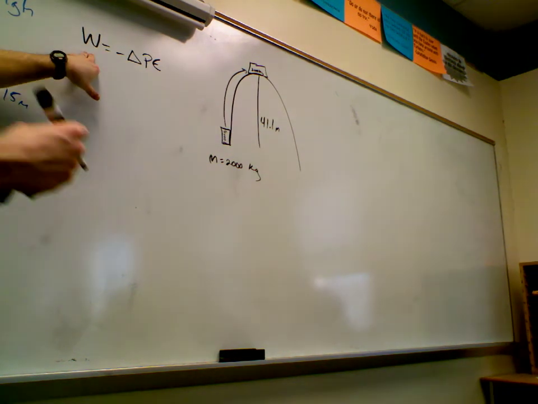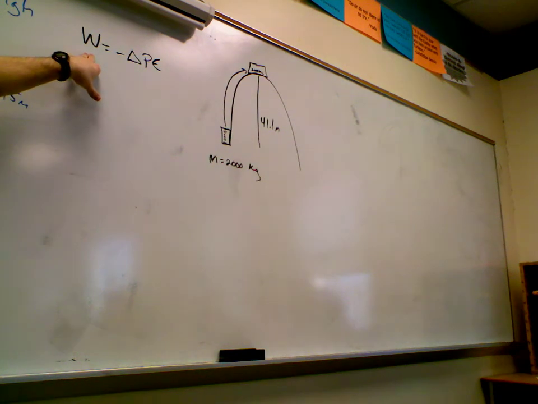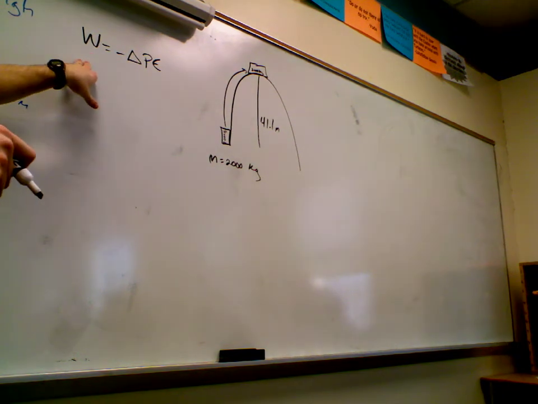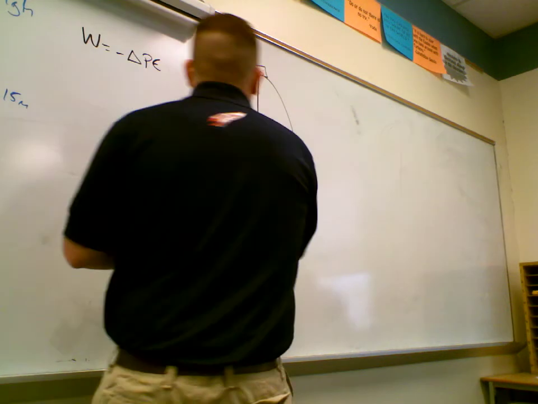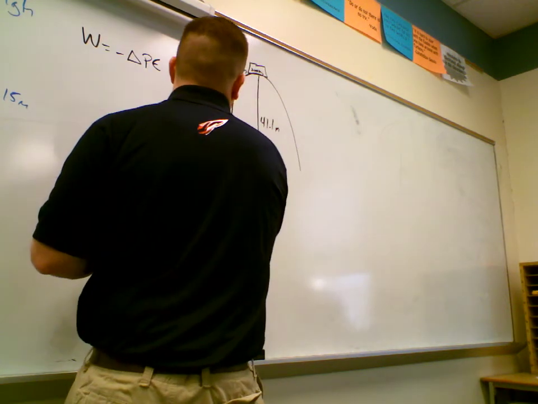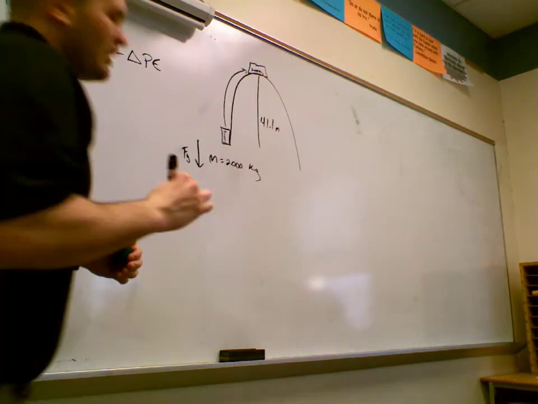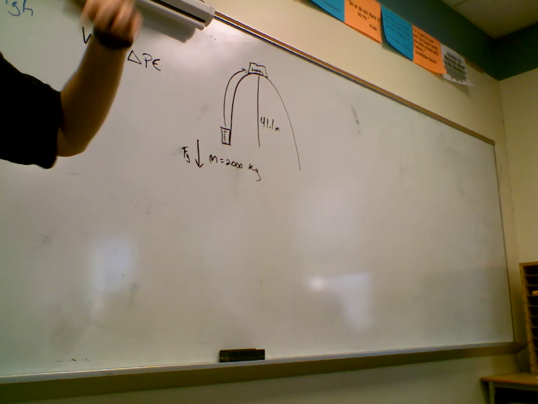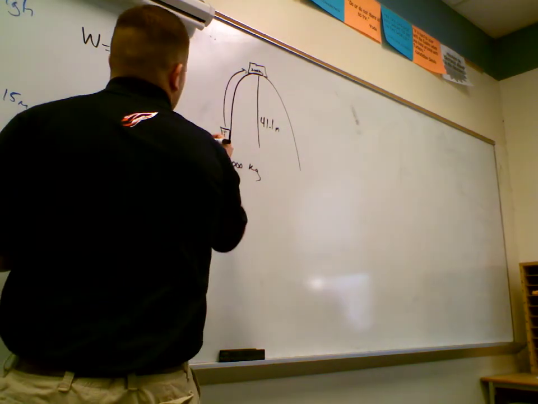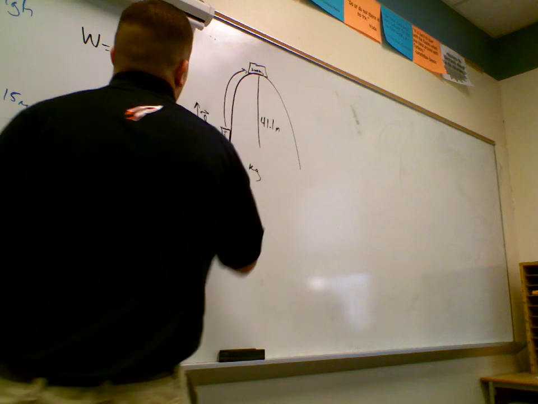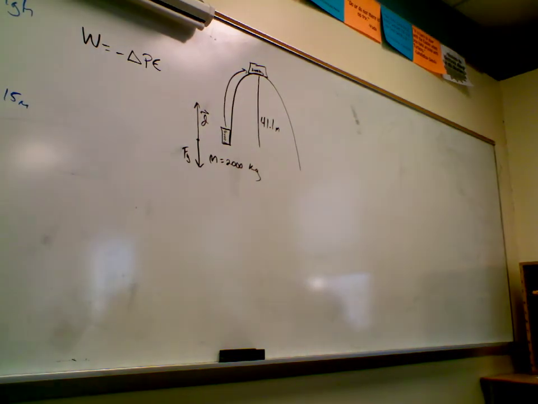So is this work positive or negative? Negative work. Because the force of gravity is down and the displacement is up. So that means the work done by gravity here is negative.